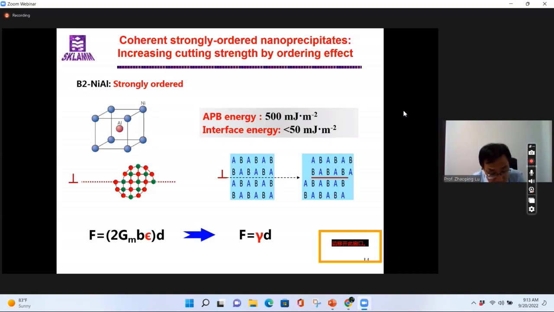Then the obstacle strength actually transfers from the elastic strain field to the chemical effect. The equation has changed, as I expressed at the bottom. So we take advantage of the high antiphase boundary energy here, using the chemical effect to strengthen the material.